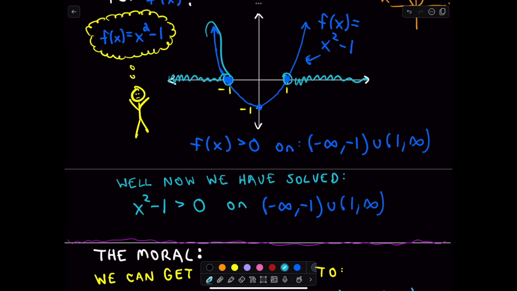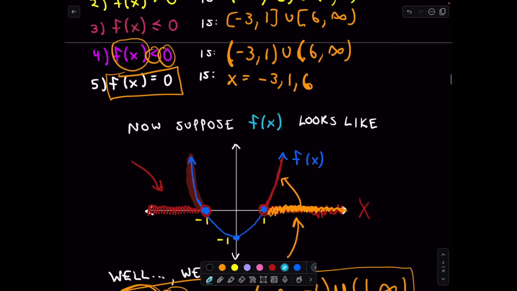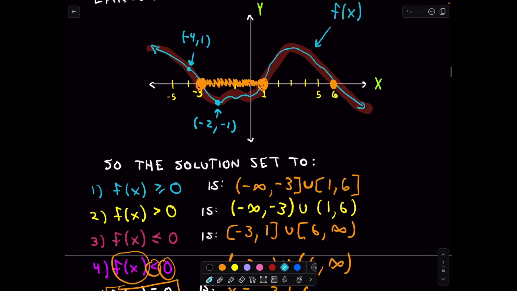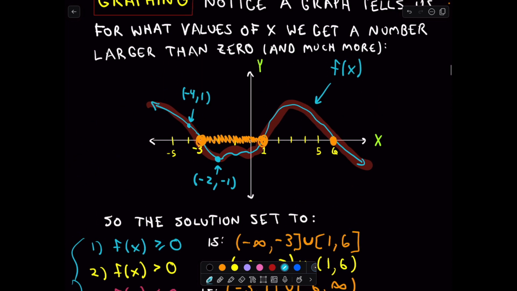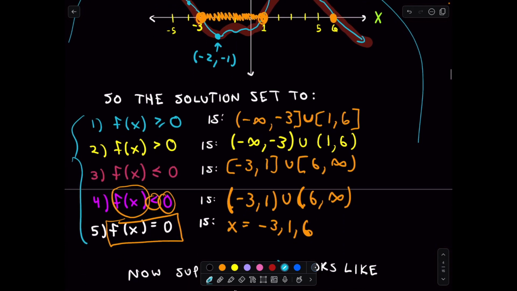If that makes sense, that's how to solve these. So really this is the important part of what I'm saying: can you find solutions to these inequalities and also one equation if you're given a good graph? If this makes sense, then everything that follows is really just going to bounce off of this.